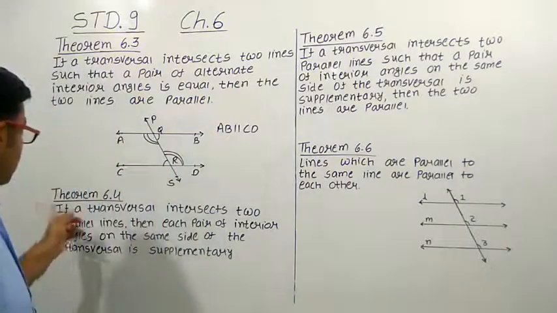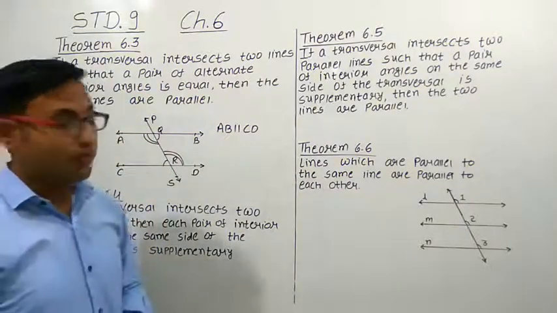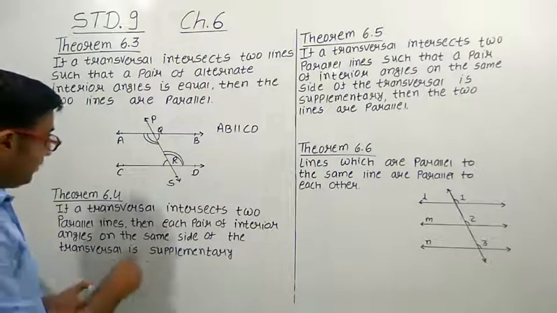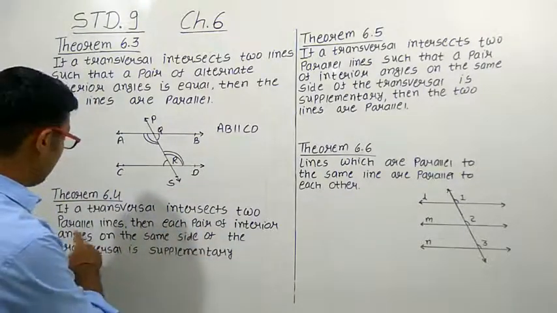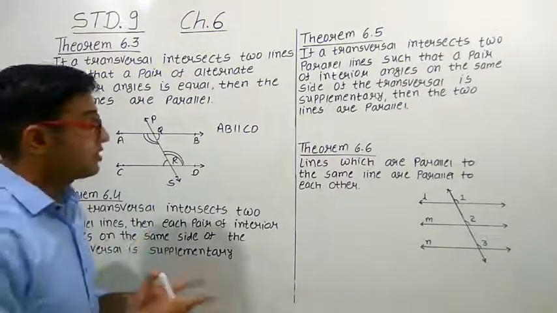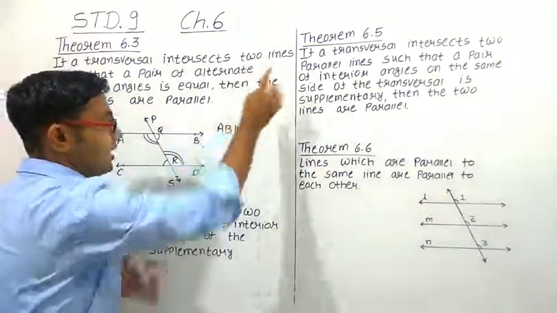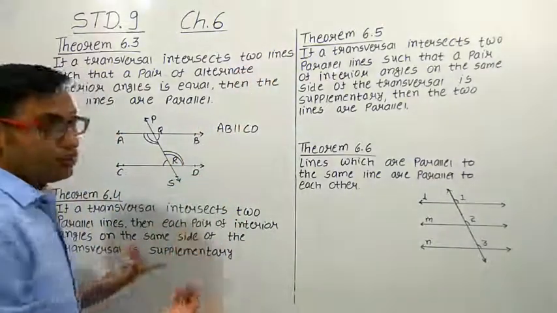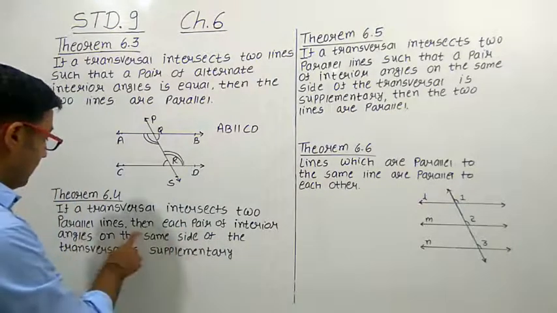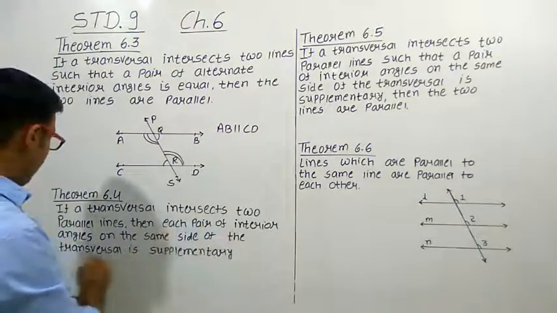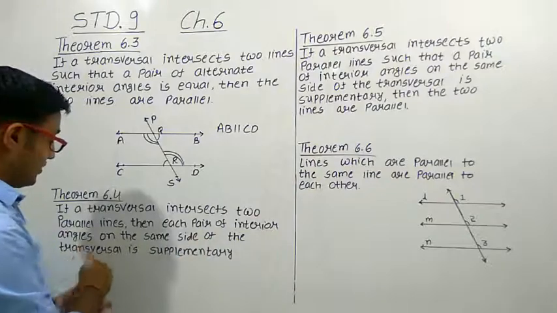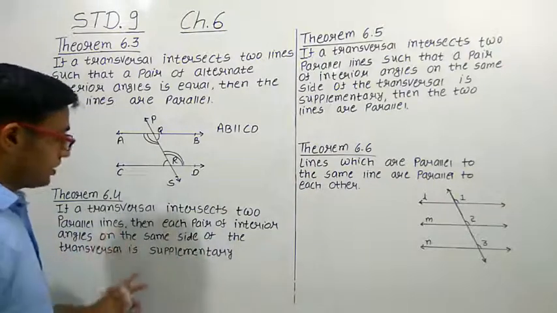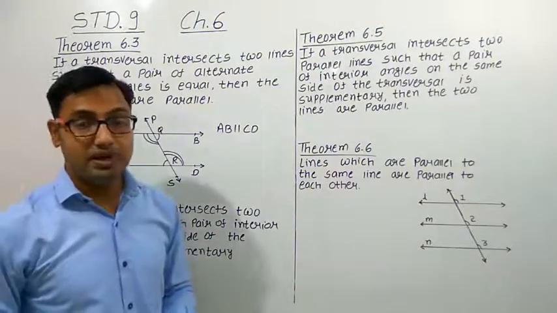Okay. Now let us understand theorem 6.4: if a transversal intersects two parallel lines. Notice this, here we are given two parallel lines. Then each pair of interior angles on the same side of the transversal is supplementary.